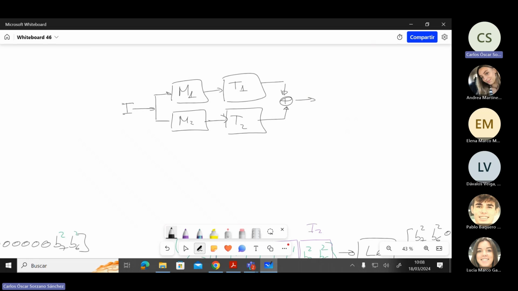And how to define this mask? In this example, the masks were defined in terms of the histogram.